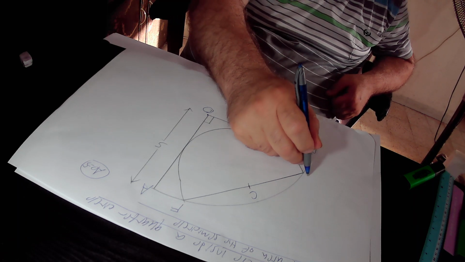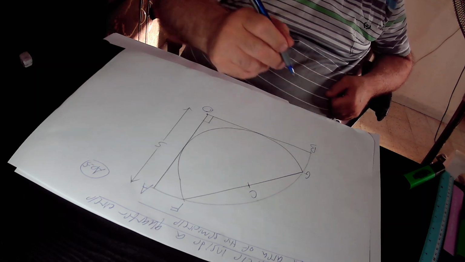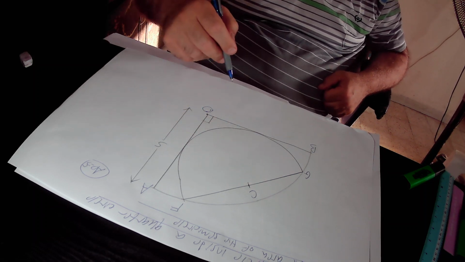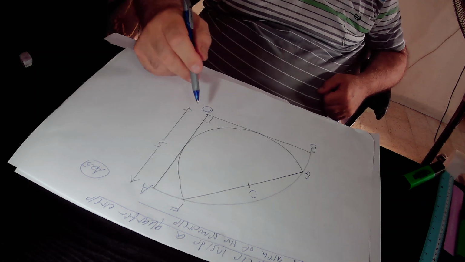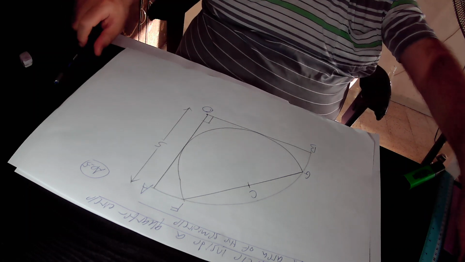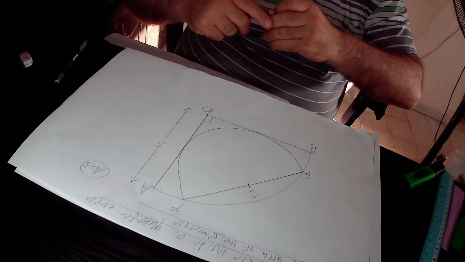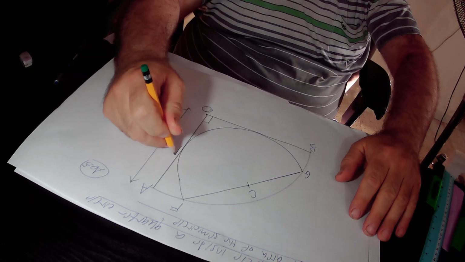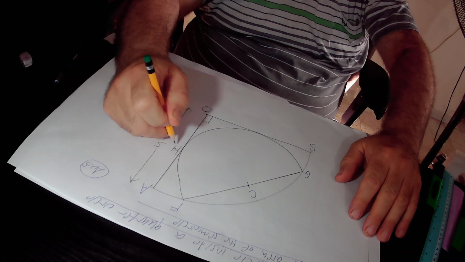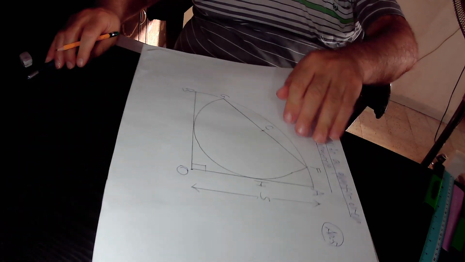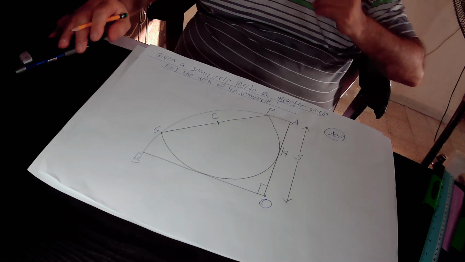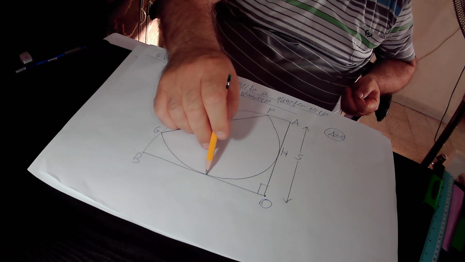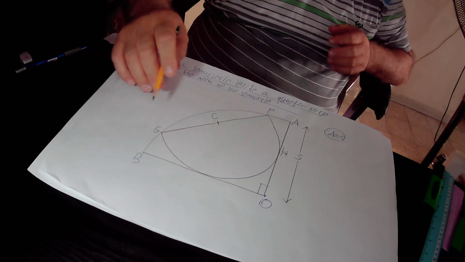This point is point G. Likewise, we define the point of tangency of tangent AO with this semicircle. This point is point H. And finally, we define the point of tangency of tangent BO with this semicircle. This point is point L.